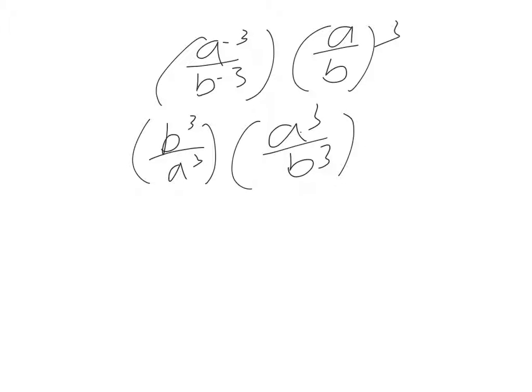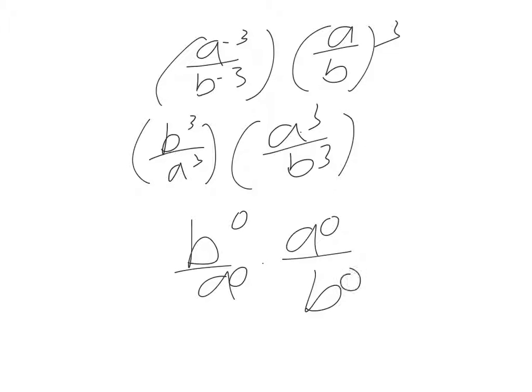Now, as you can see, now we can subtract, and 3 minus 3 of course is 0, so basically what we end up with is b over a times a over b, both to the 0 power, and anything to the 0 power is going to equal 1, and we could just cancel that out and have just 1.